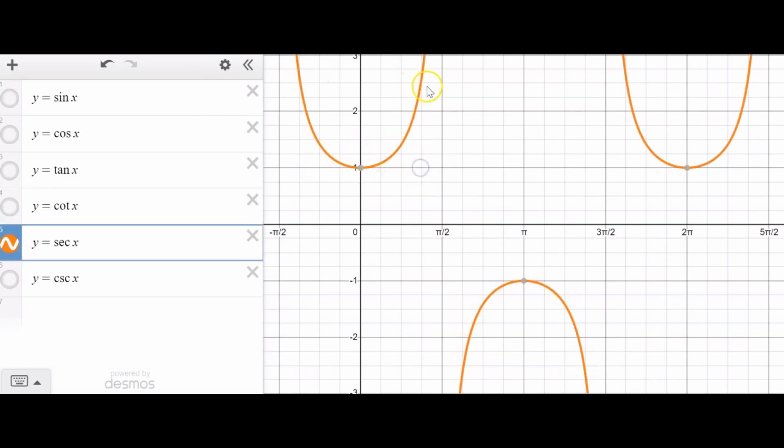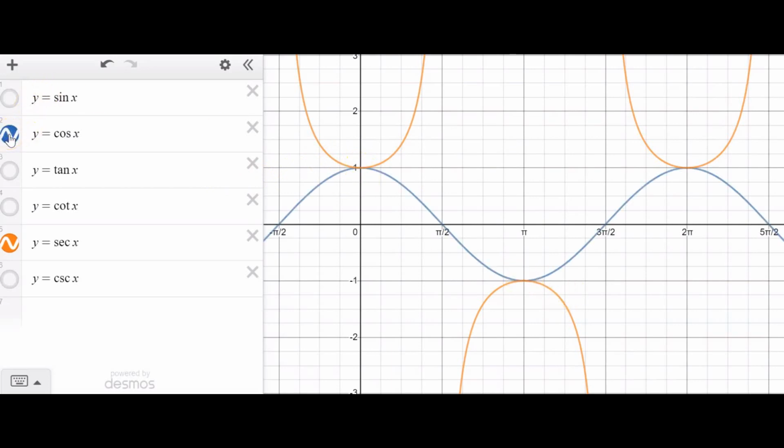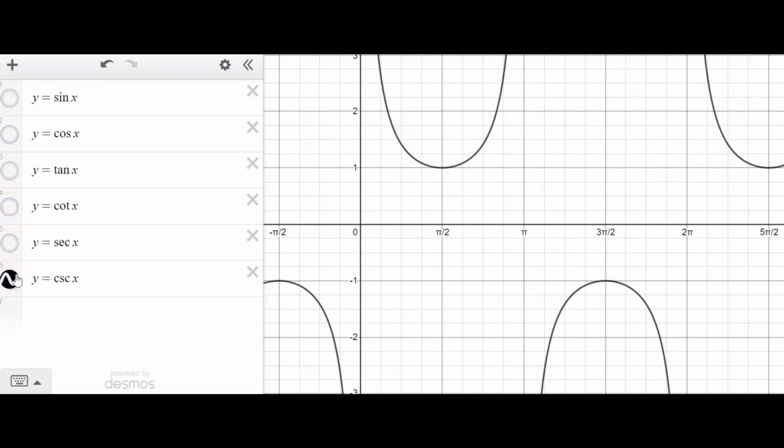So down under, then up over, then down under. But the big difference here is that secant hits 1 and -1 wherever cosine hits 1 and -1. Whereas cosecant has the exact same shape as secant, only it's shifted over by half a pi. And it hits 1 and -1 wherever sine hits 1 and -1.